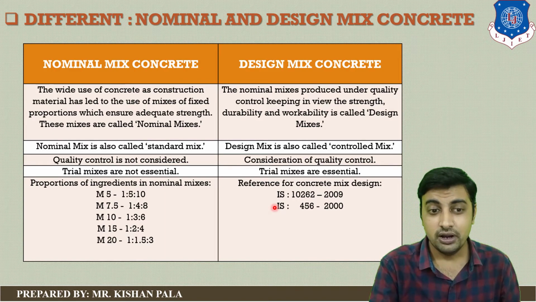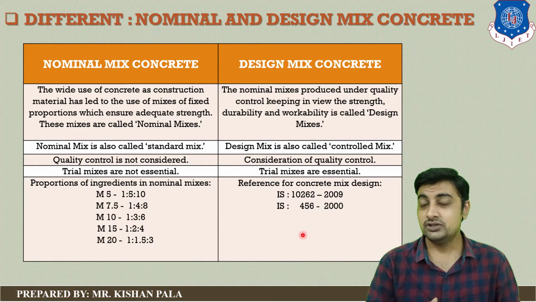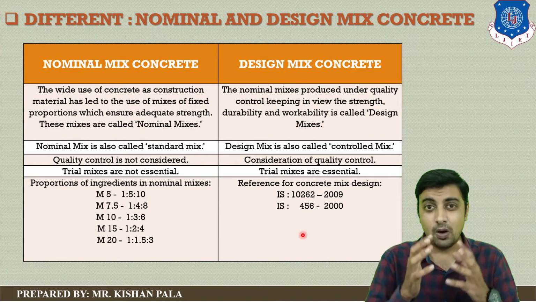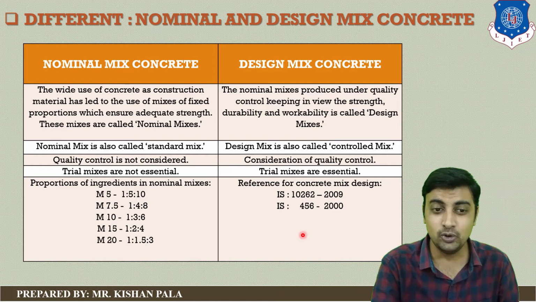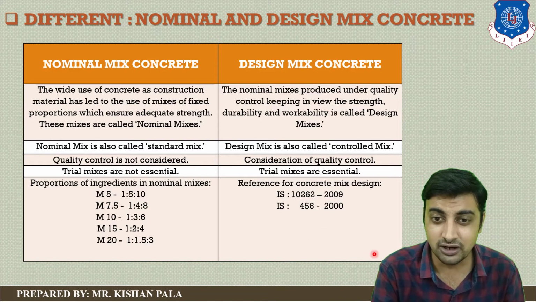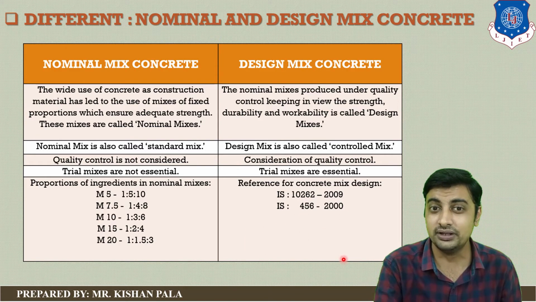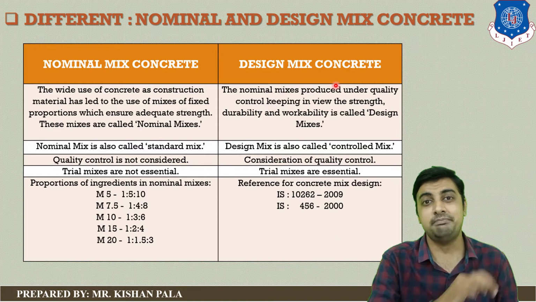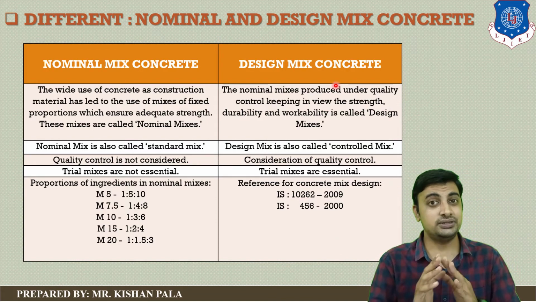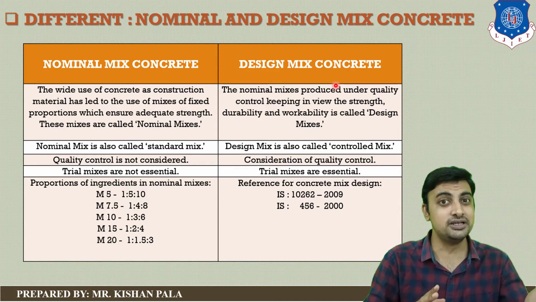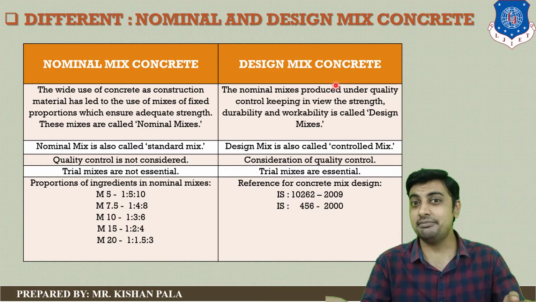So if you want M20 concrete mass in the design mix, you have to calculate all the ingredients, and then you can finalize the proportion of the M20 grade of the concrete mass in the design mix concrete. So there is a difference between the nominal mix concrete and design mix concrete.